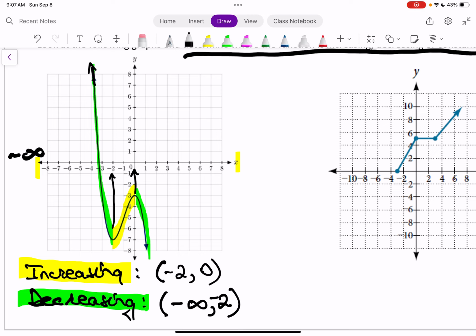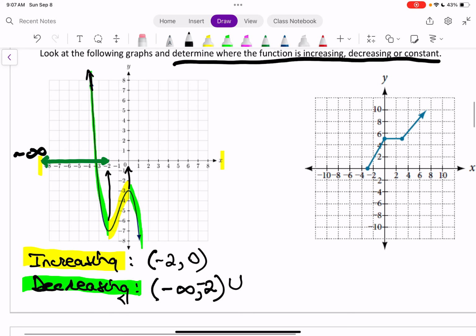So on this whole interval from negative infinity up to negative 2, the y values keep dropping. And then remember the union sign we used in 1.2.